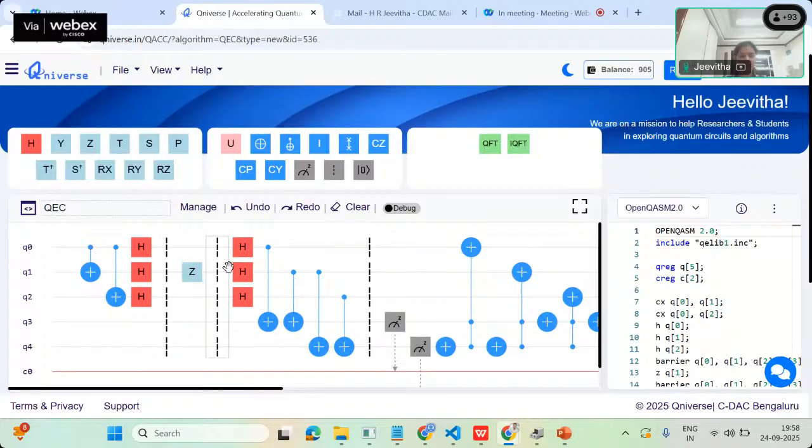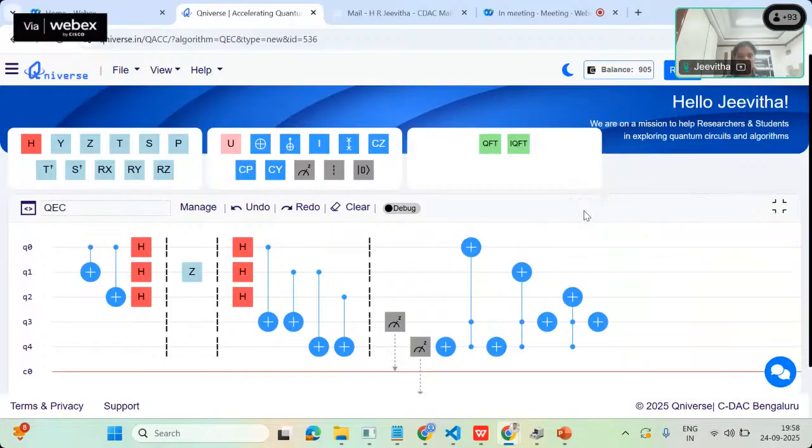Here there is a Z error, so this is the circuit for the encoding, this is the Z error we have introduced, and this is the syndrome measurement. Here we are not introducing a gate to correct it, but this automatically corrects the error. We have made a few improvements in this section in Qniverse.